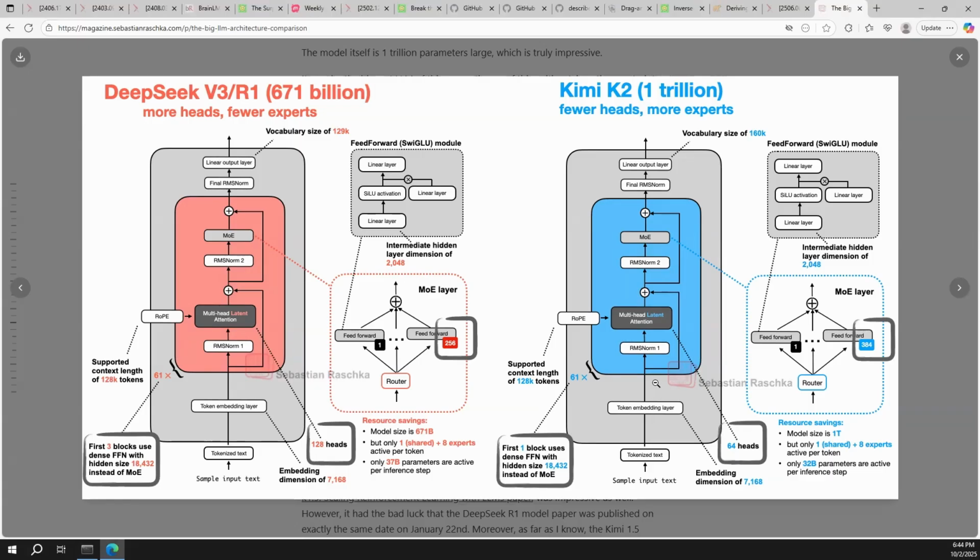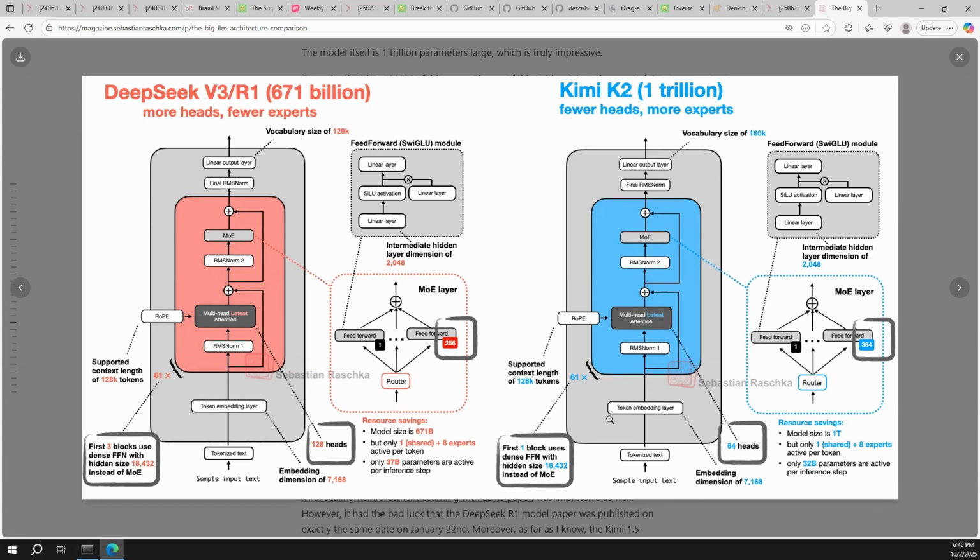And sorry, I said post. Yeah, so you can see this is pre-norm. So the normalization before the MLP, the normalization before the MLA, the attention, and they did use latent attention from the DeepSeek folks.